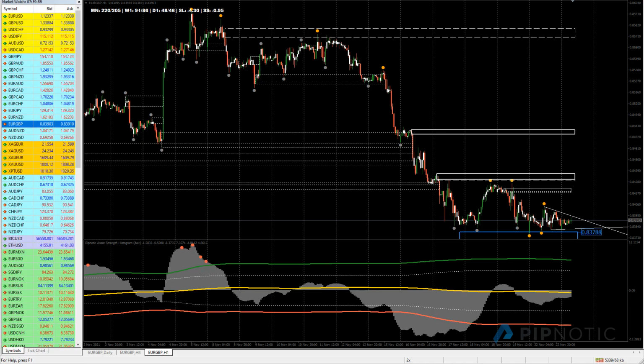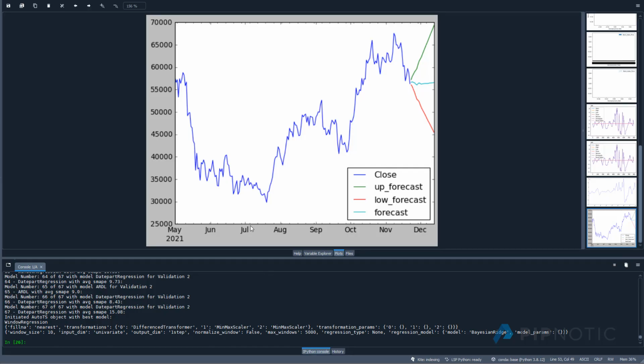One of the projects that I'm working on is the forecasting, which is based on deep learning. Currently, it's downloading 5 years of historical data from a data provider and running it through a neural network.